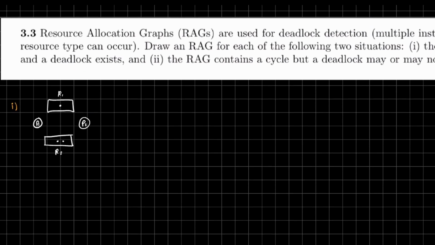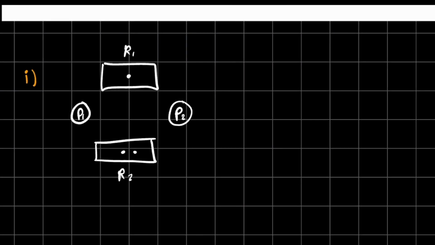It contains a cycle and a deadlock exists. So in this case, this is going to be basically where a deadlock exists. P1 is asking for R1, but R1 is already given to P2, right? And P2 wants 1 of R2, which is already taken.